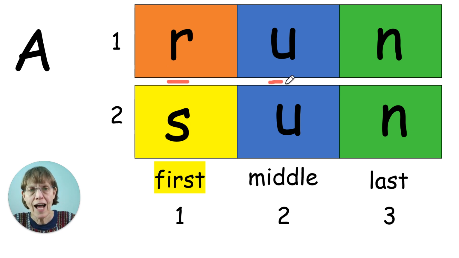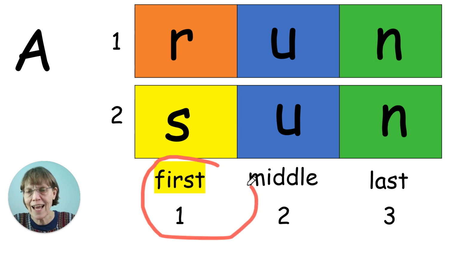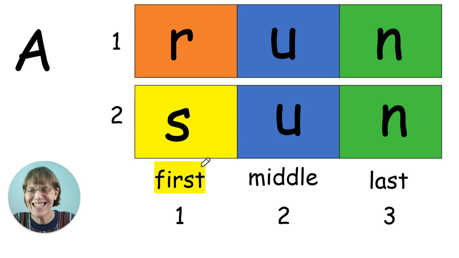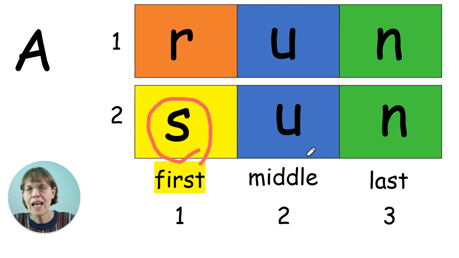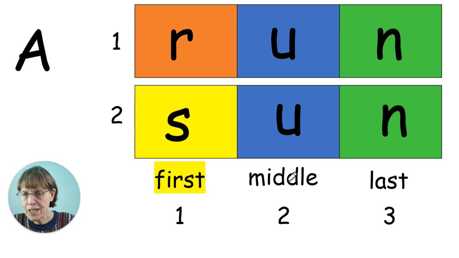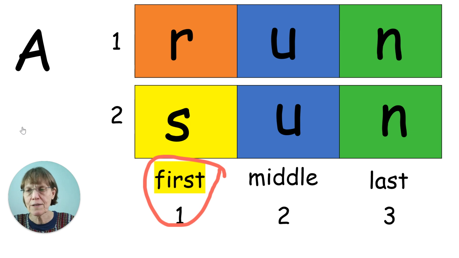R, A, N. When we look at number 2 word, we'll see that the first sound changed. R is gone, S is in. So now the word is S, A, N. The vowel, the middle, number 2 and number 3 are the same. The first sound changed.